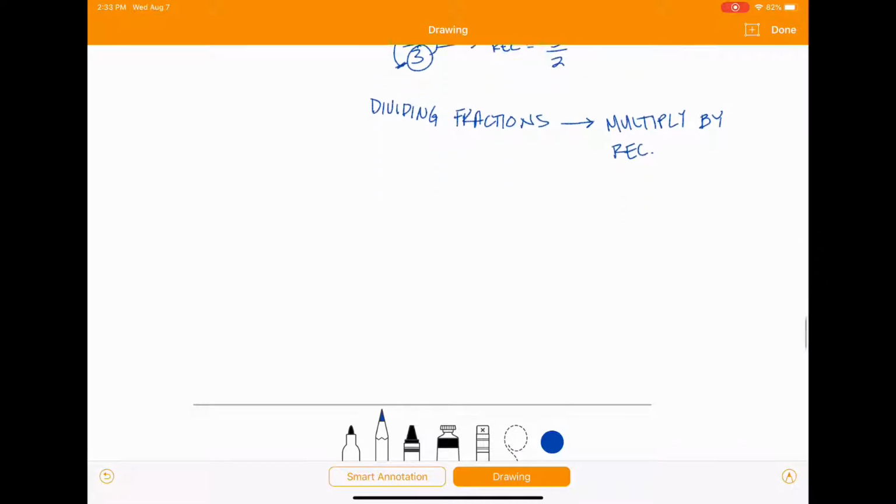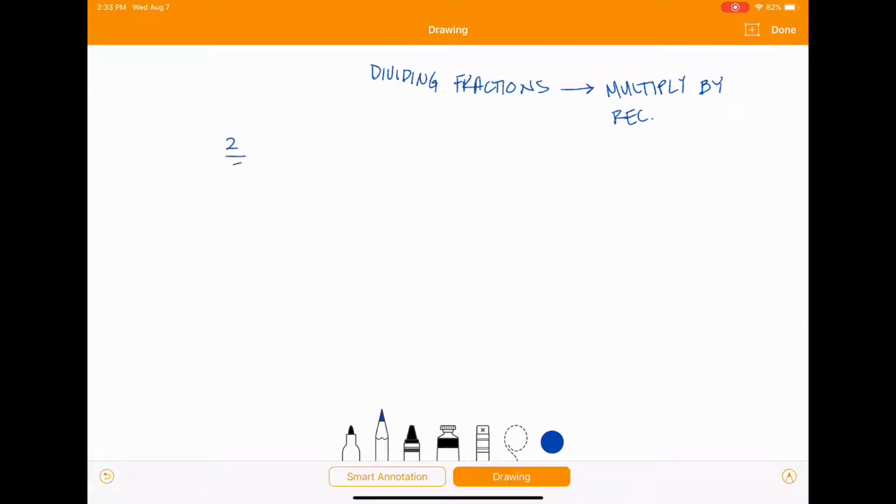So if you had 2/3 divided by 4/5, that's going to be the same thing as 2/3 times the reciprocal of 4/5, which is 5/4. So then you can just go 2 times 5 over 3 times 4. It's going to be equal to 10/12, which again can be reduced.